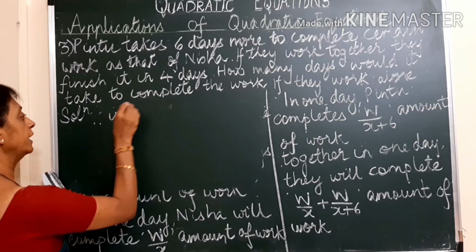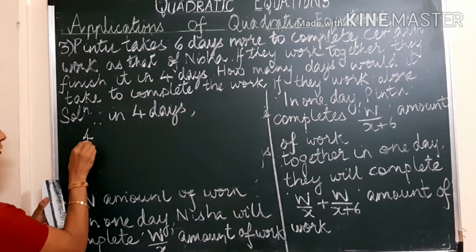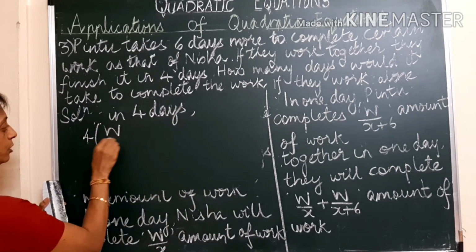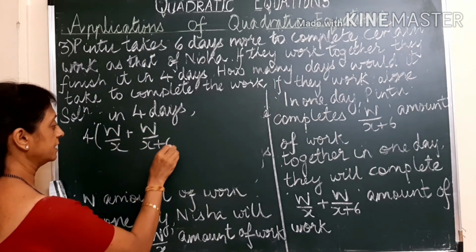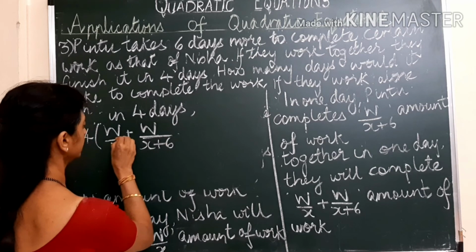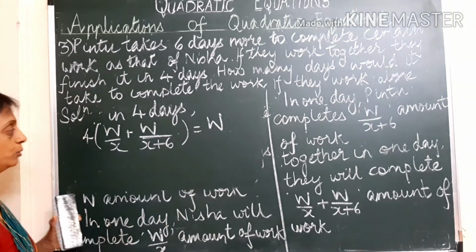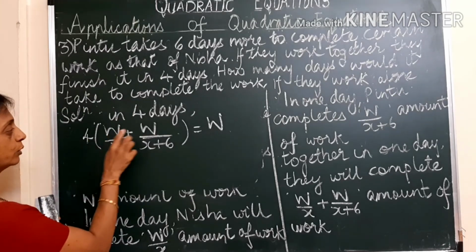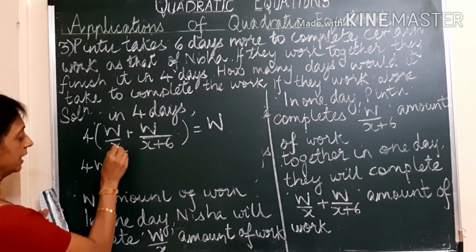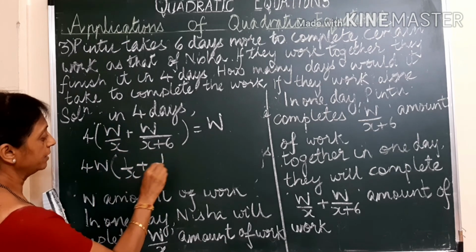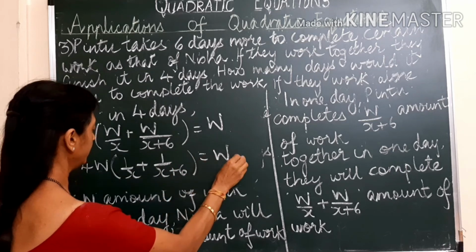Therefore, in 4 days, it will be 4 into W upon x plus W upon x plus 6, which is equal to the entire work W. So what do we get, children? You can take out W common. So you have 4 into W, that is 1 upon x plus 1 upon x plus 6, which is equal to W.